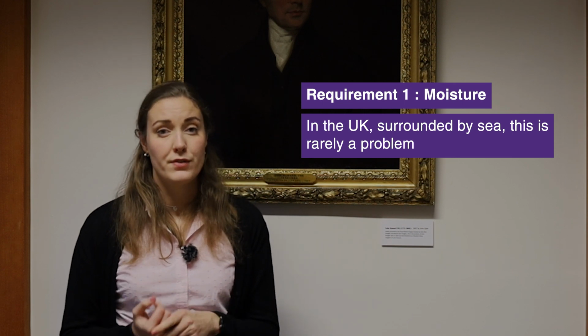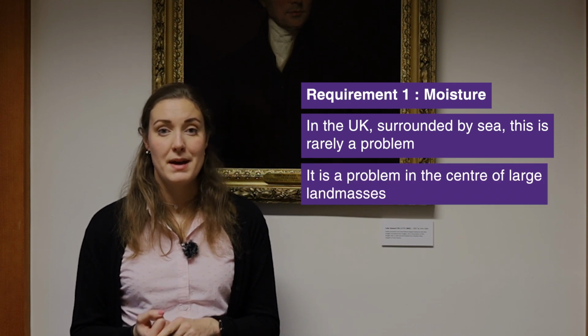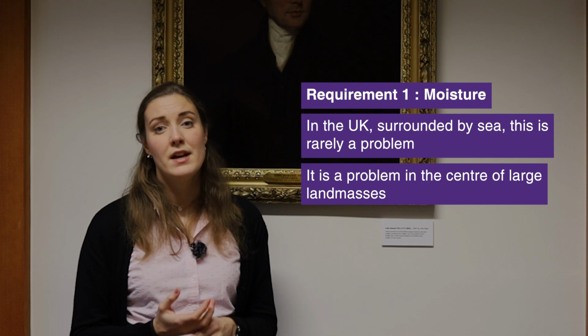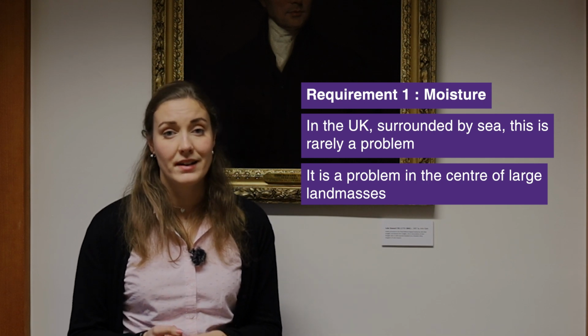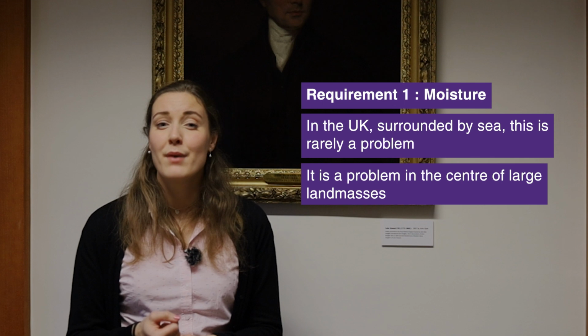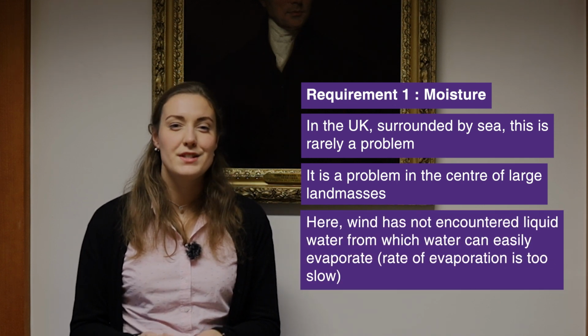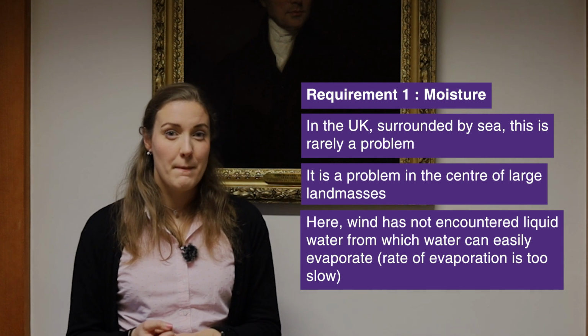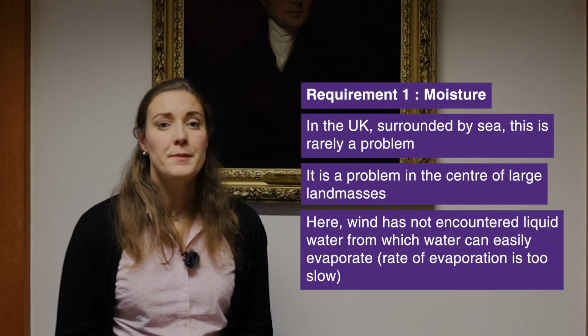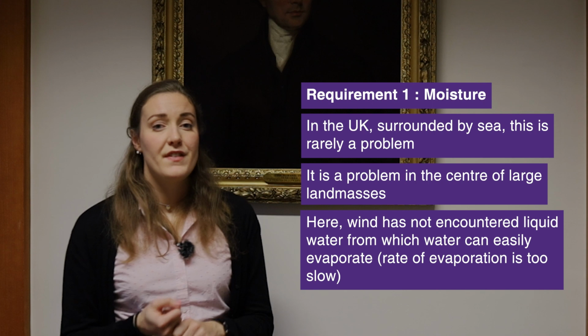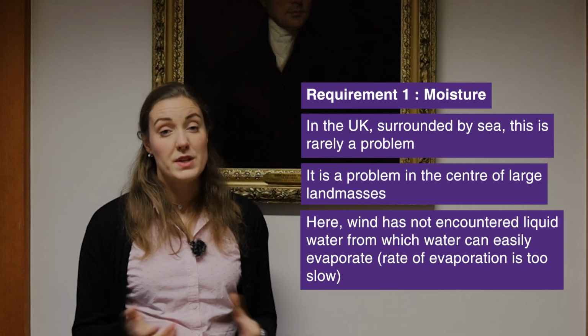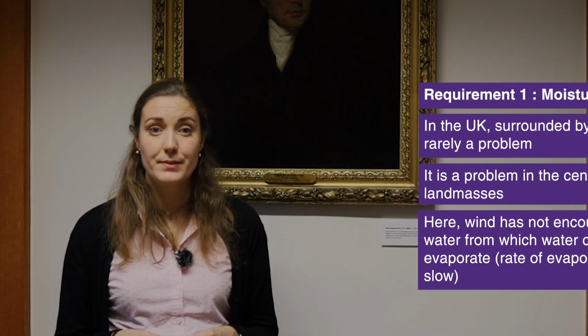It can be too cold for snow in the centre of large land masses such as Eurasia, Antarctica and North America, where the wind has not encountered liquid water from which water can easily evaporate. It is really too dry for snow because it's too cold. It's so cold that the rate of evaporation from the lakes and rivers, which may be frozen, is very, very slow.